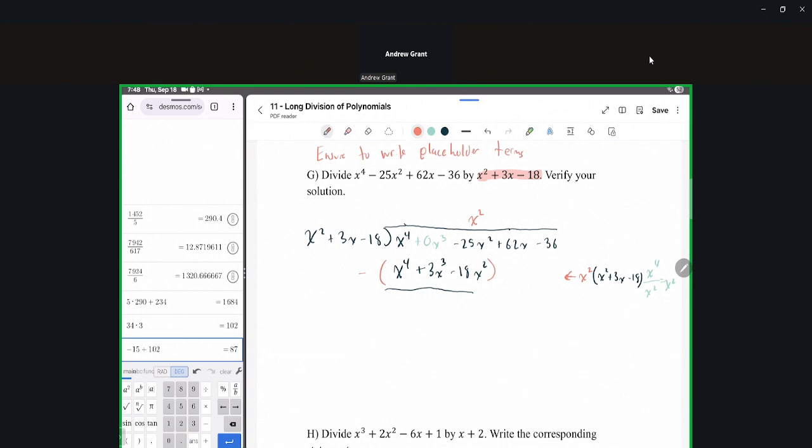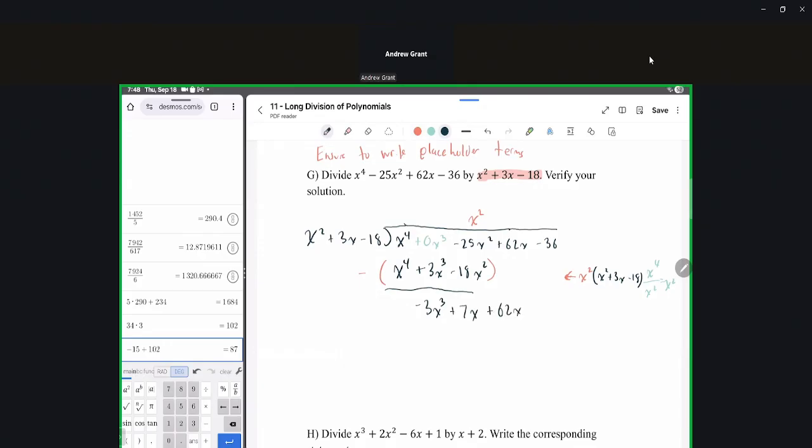So x to the power of 4 minus x to the power of 4 is 0. 0 minus 3x cubed is going to be negative 3x cubed. Negative 25 minus negative 18 of the x squared variety is going to be plus 7x. And then we just bring down that 62x afterwards.